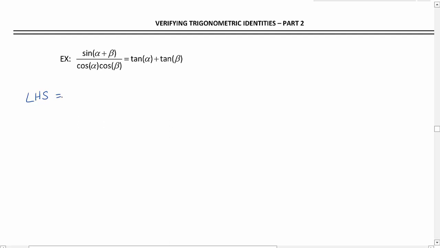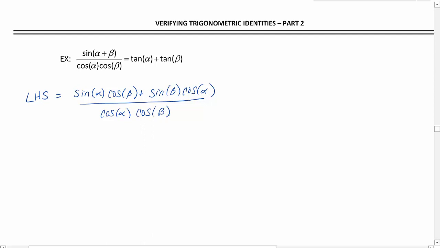Sine of alpha plus beta is equal to sine of alpha cosine of beta plus sine of beta cosine of alpha. And then our denominator stays the same. So there we have our 2 terms in the numerator. Great.